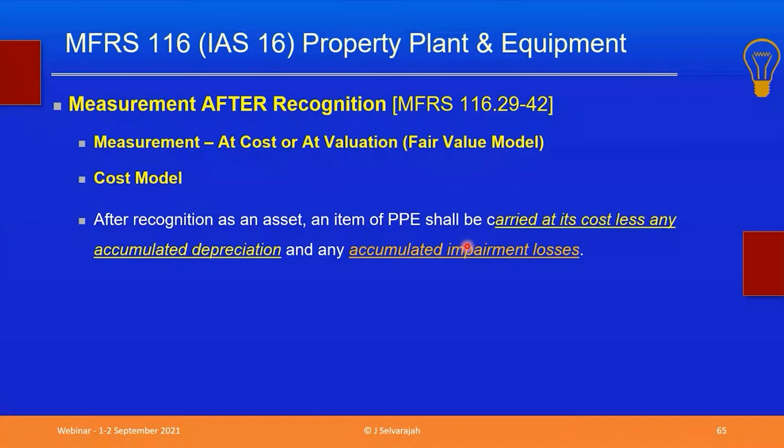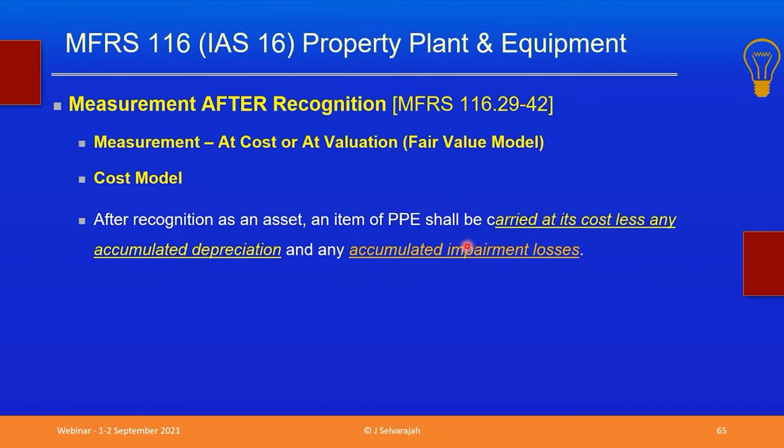Some PPE, the expensive ones, are best when they are running. They are not meant to be idle because inside, the whole machinery tends to get rusty between all the moving parts, which you cannot see. And there's going to be expensive repair work. So therefore, there could be impairment.